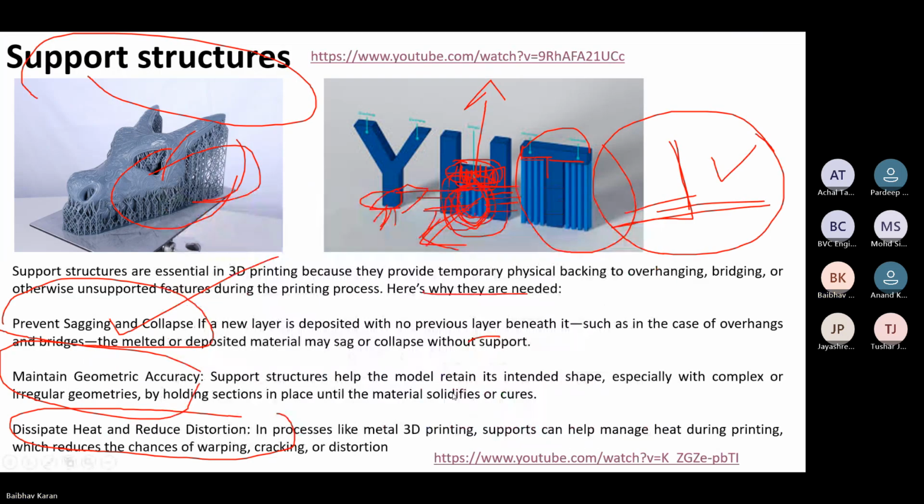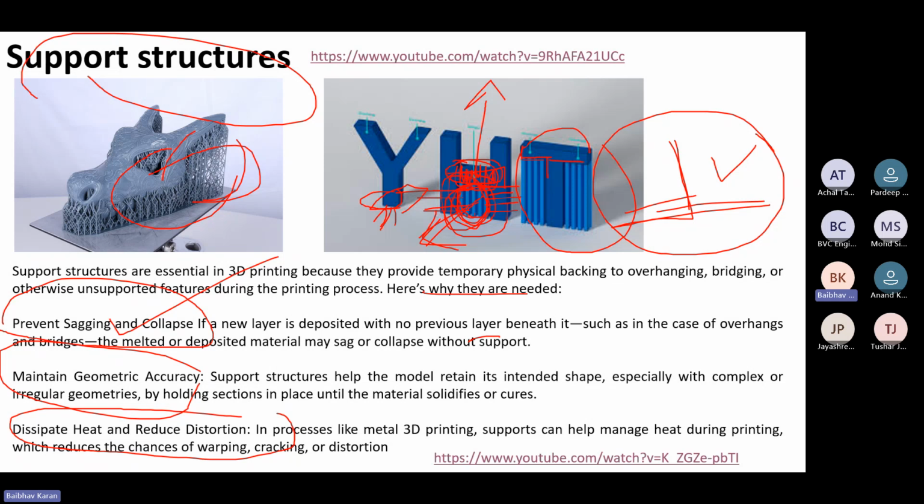Okay, so we got an idea about what support structures are, why they are necessary, and how we can try to avoid building those support structures. But wherever it's absolutely necessary, we need the support structures, as you saw in some of those diagrams. Some of the building materials, you saw that the support structure was absolutely necessary.